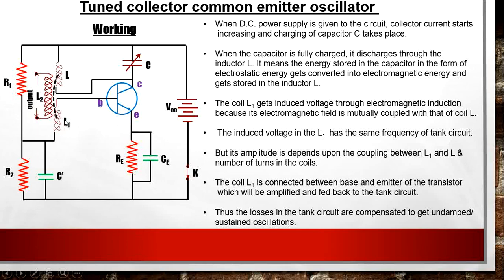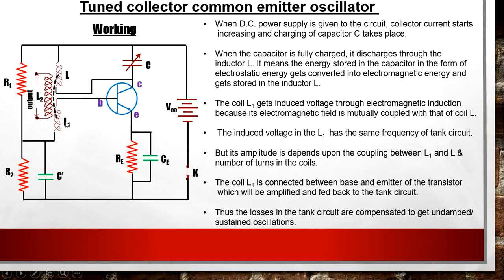The induced EMF across coil L1 has the same frequency as that of the tank circuit, but the amplitude depends upon the coupling between coil L and L1, and also on the number of turns in coil L and L1.